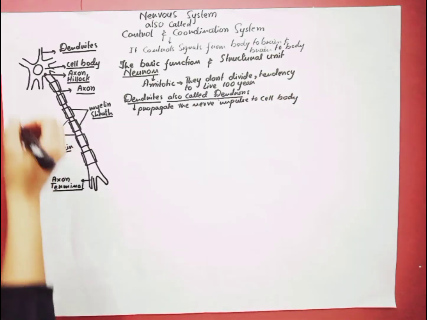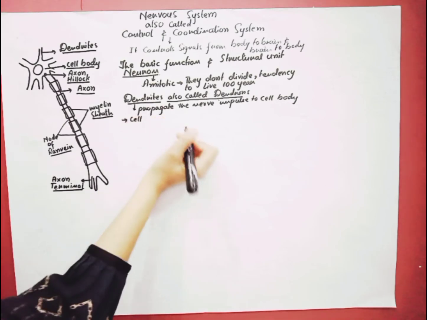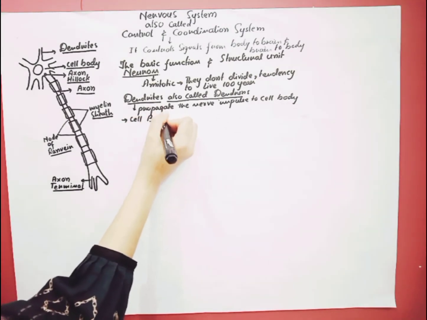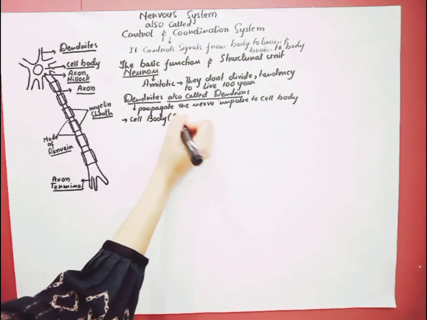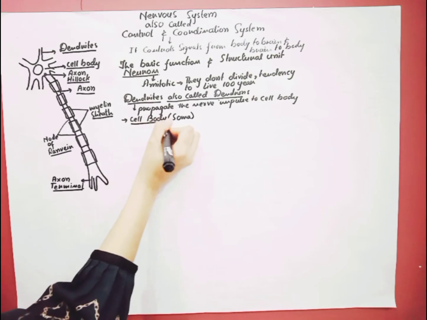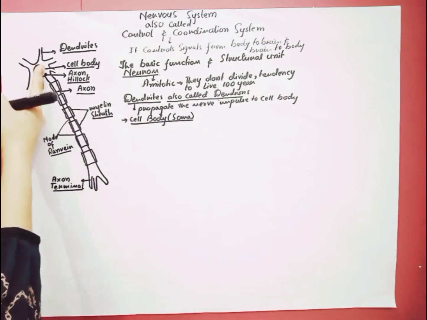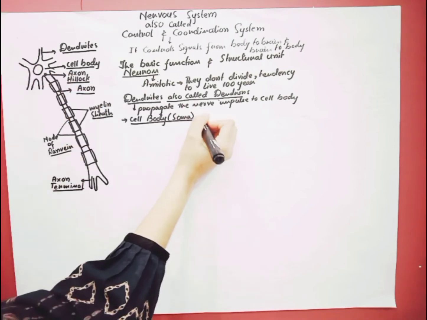Now the cell body. The cell body of neuron, also called soma. The cell body of neuron contain genetic information.